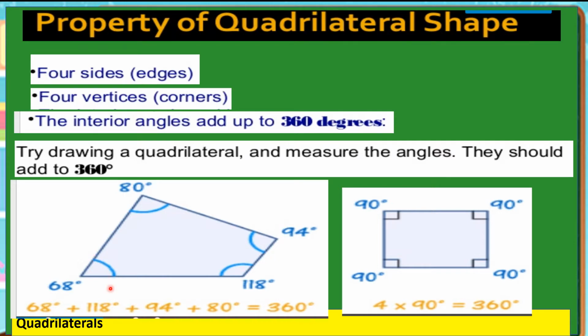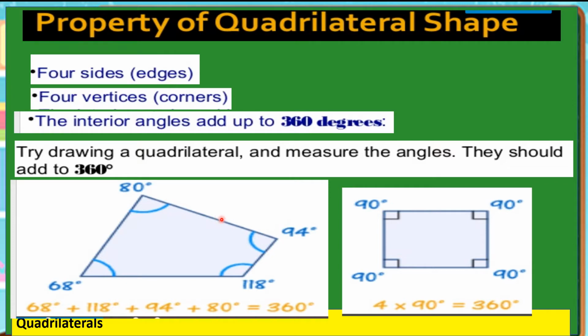So the total of the interior angles is 68 plus 118 plus 94 plus 80 degrees, which is equal to 360 degrees. So this first example is an example of a quadrilateral shape.